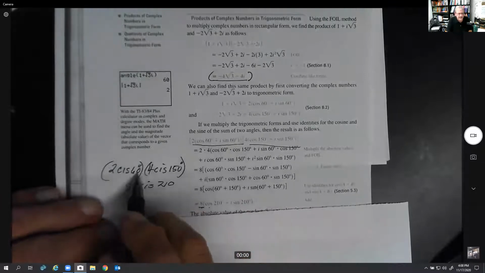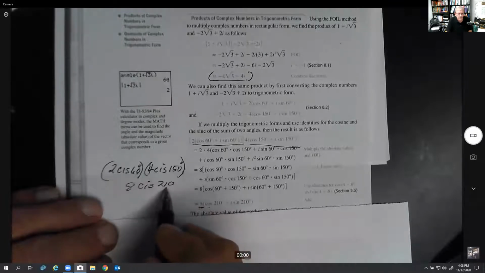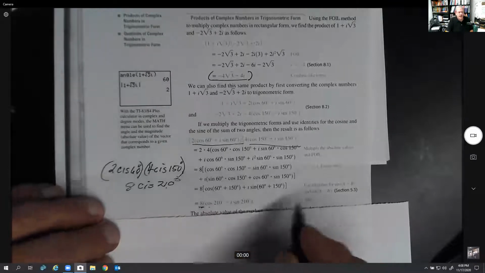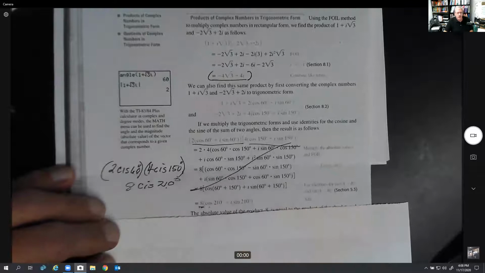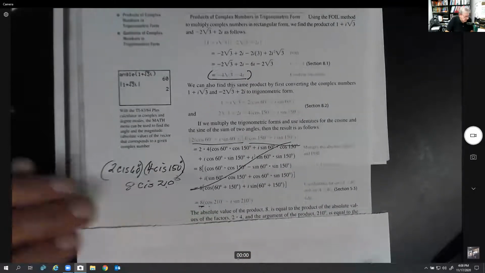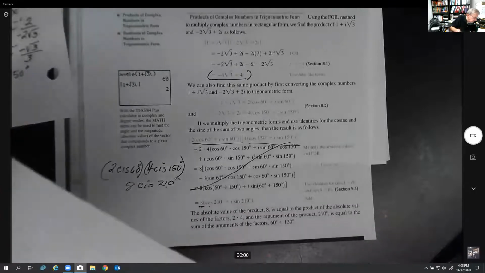So what is 60 plus 150? 210 degrees. So is there a faster way than doing all of that, which is a lot of work? Well, let's take a look. On the next page, they have developed some stuff.